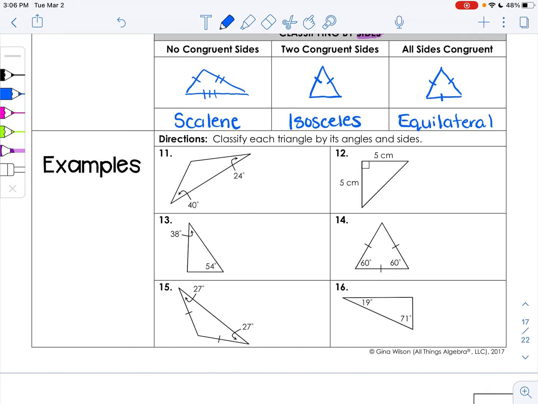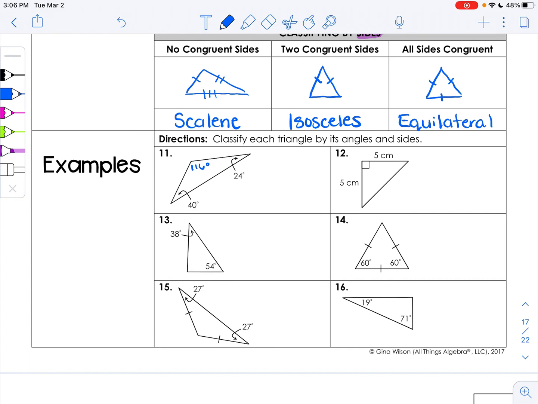Number 11, I only know two angle measures. Well, in order to classify it, I'm going to need to find out that third angle measure. To find out that third angle measure, I'm going to subtract 180 minus 40 minus 24. And I find out that third angle is 116 degrees.